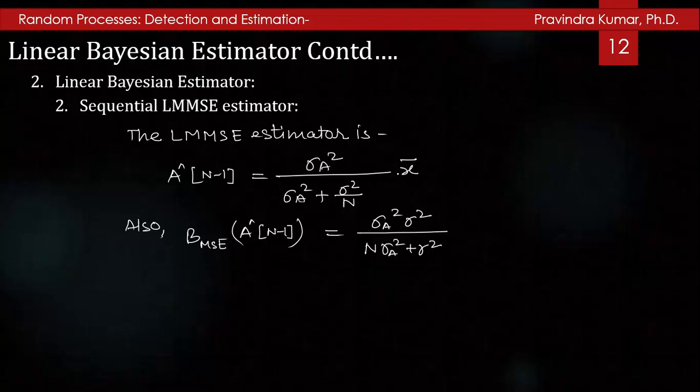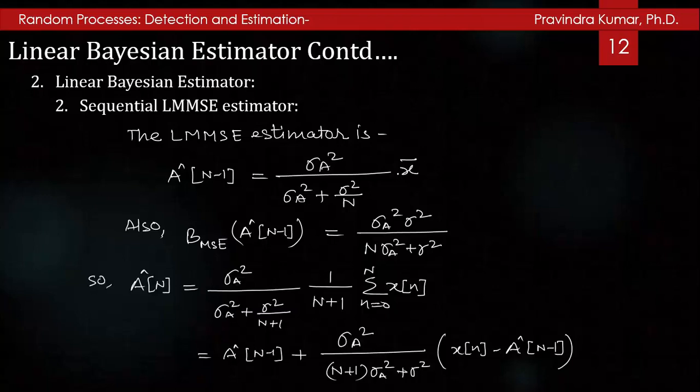To update our estimator with xn, A cap n will be equal to sigma A square divided by sigma A square plus sigma square by n plus 1, into 1 by n plus 1 summation n equals 0 to n, xn, and it will be equal to A cap n minus 1 plus sigma A square by n plus 1 sigma A square plus sigma square into xn minus A cap n minus 1.